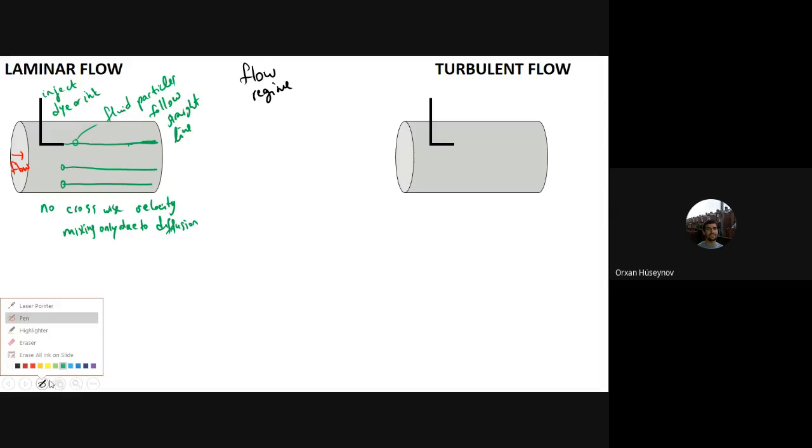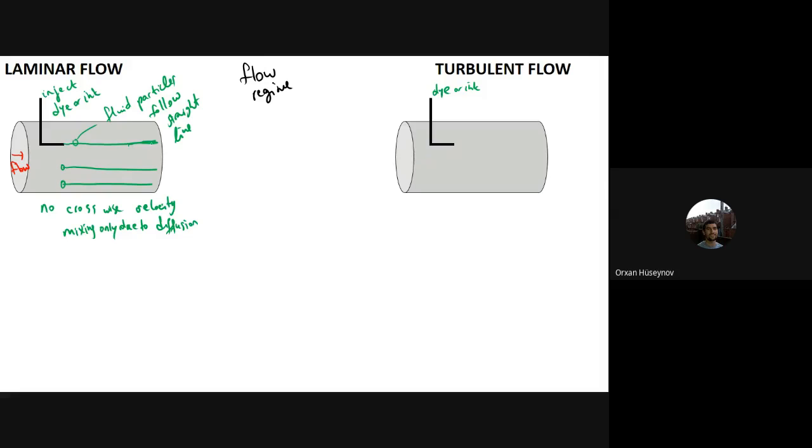For the turbulent flow, I will inject the dye or ink again, and in that case, let me show the flow to you. The flow regime for laminar flow doesn't change with respect to time.